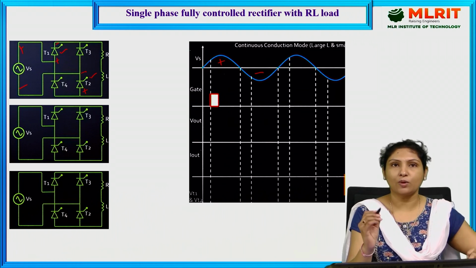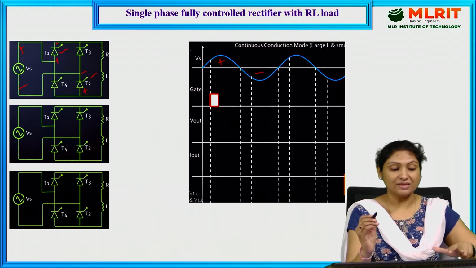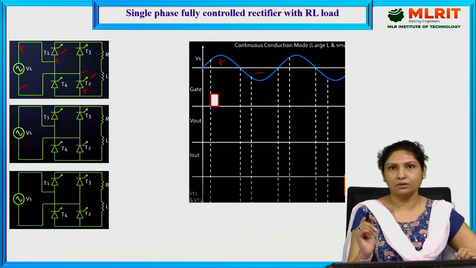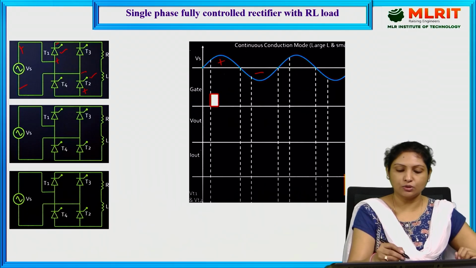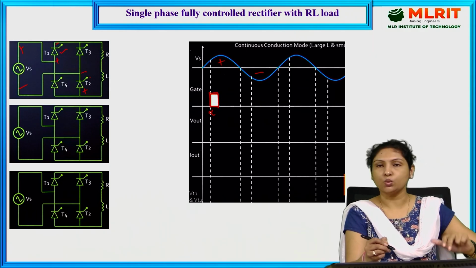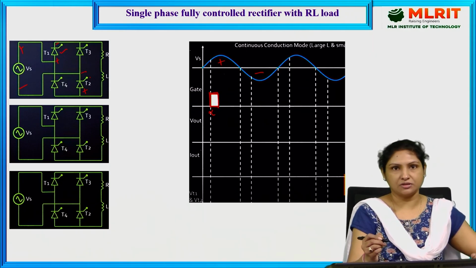If we provide the triggering pulses for these two thyristors, then they start conducting current through the load. That is the reason during the positive half cycle, at this instant called alpha, we provide the triggering pulse such that T1 and T2 come into the conduction state.